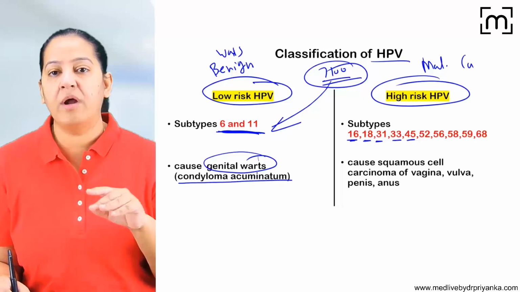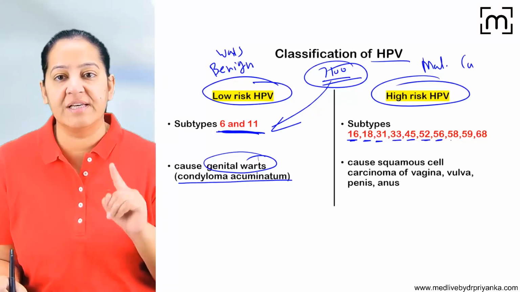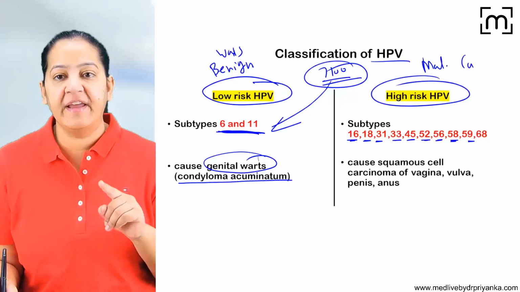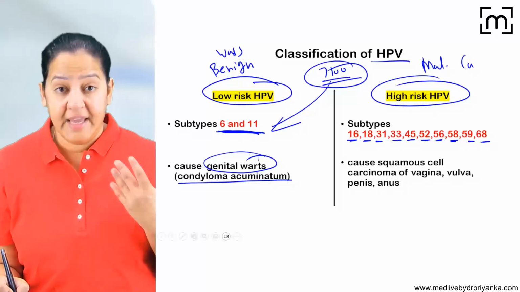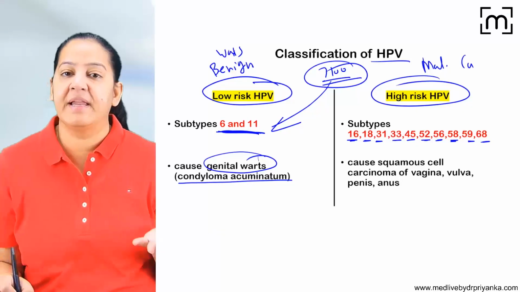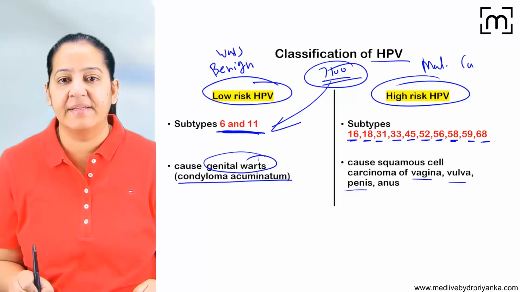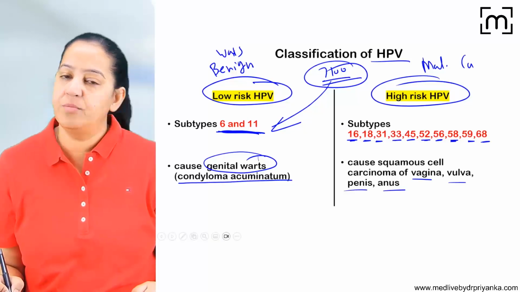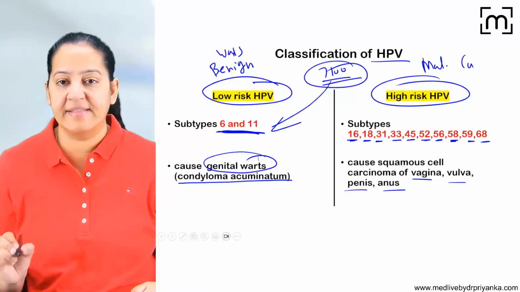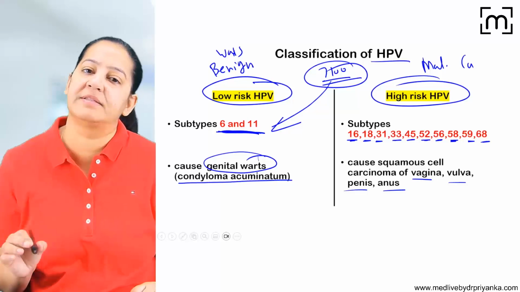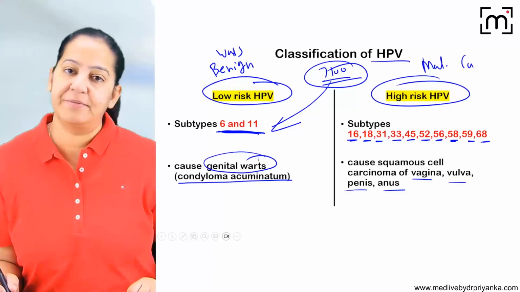If you can learn more, after that there is 52, 56, 58, 59 and 68. They lead to cancers, the malignancies. So they lead to squamous cell carcinoma of the vagina, vulva, penis, anus. So they lead to multiple cancers of the genital organs. So that is the types of HPV.